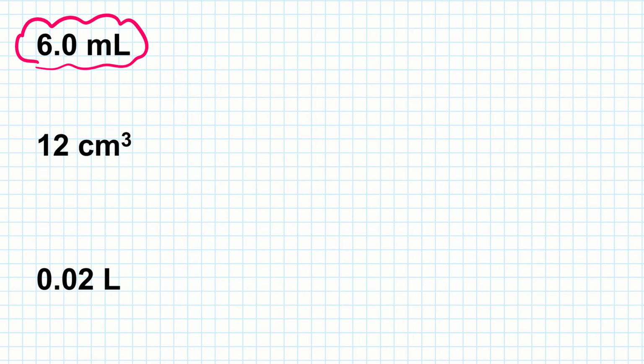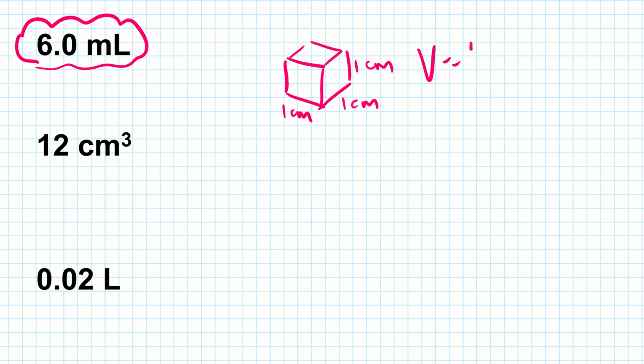Okay, well, cubic centimeters, it is a volume, but I haven't told you in class how cubic centimeters relates to milliliters. And there's actually a very easy relationship. 1 milliliter of a liquid is actually equal to 1 cubic centimeter. So if you had a cube that was 1 centimeter by 1 centimeter by 1 centimeter, its volume would equal 1 cubic centimeter, but it would also equal 1 milliliter, because 1 cubic centimeter is equal to 1 milliliter.